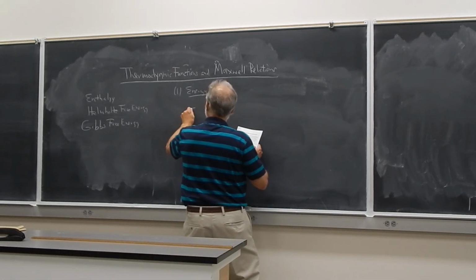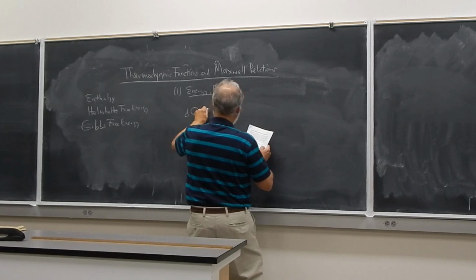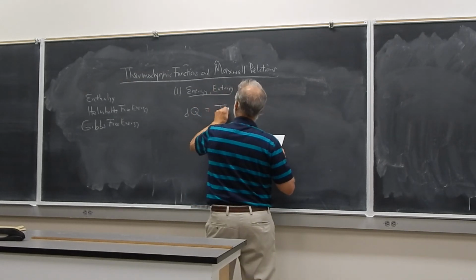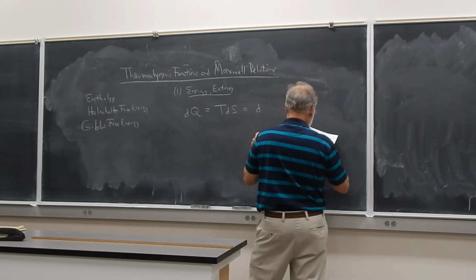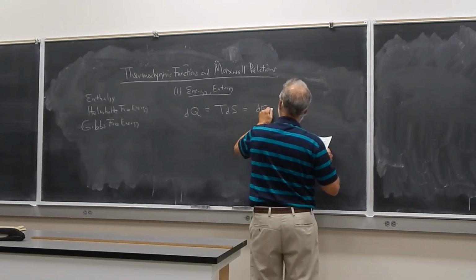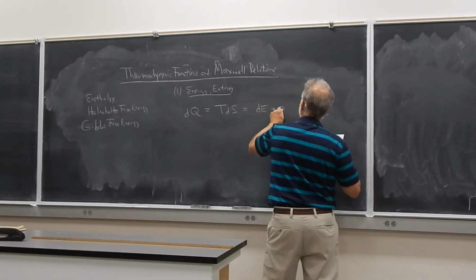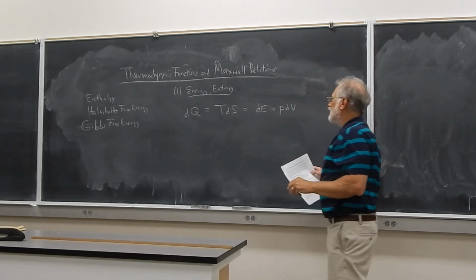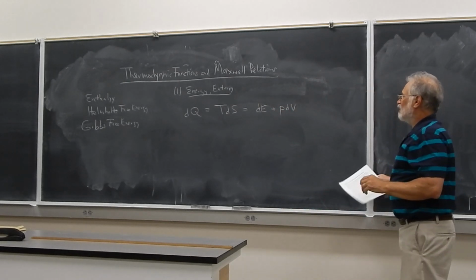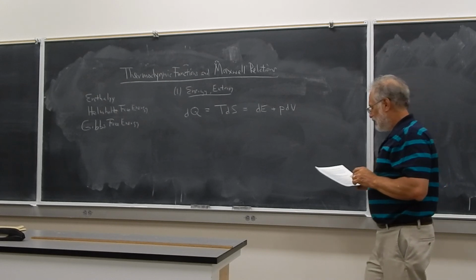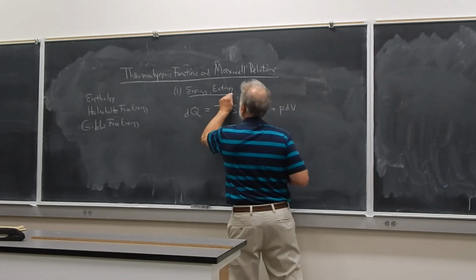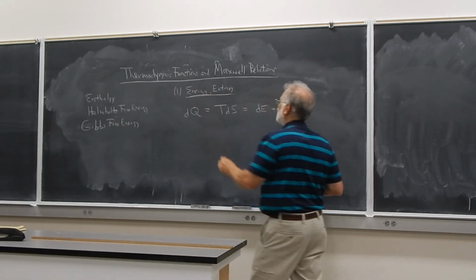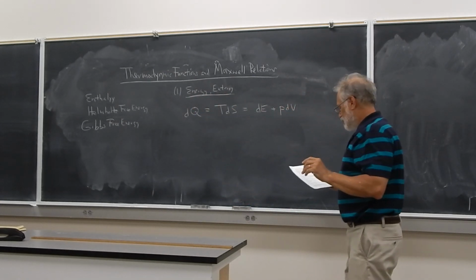I can write the first law of thermodynamics in the following way. This is just what we call the thermodynamic equation. And let's talk about the quantity of interest, which will be energy and entropy for this first section.